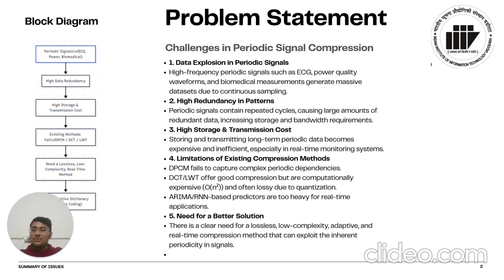There are also advanced models like ARIMA or RNNs, which are accurate but too computationally expensive for real-time low-power systems. Overall, there is a strong need for a method that is lossless, adaptive, has low complexity, and is designed specifically for periodic signals. This is exactly what adaptive dictionary predictive coding provides, which is our project.